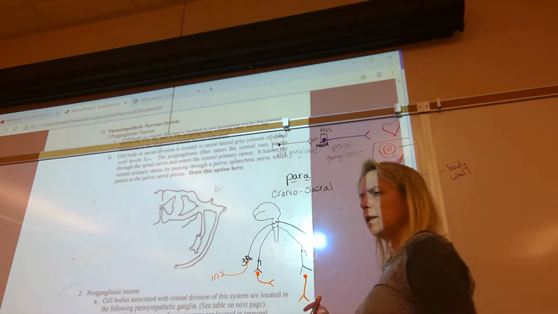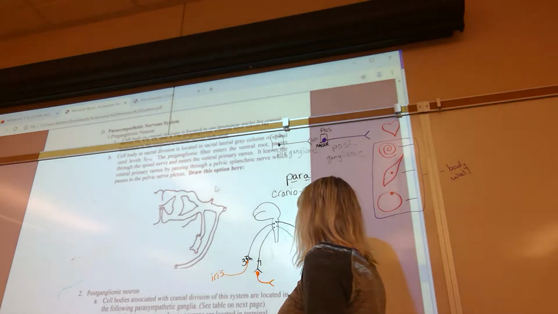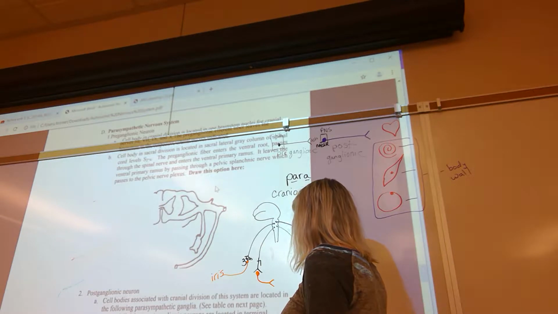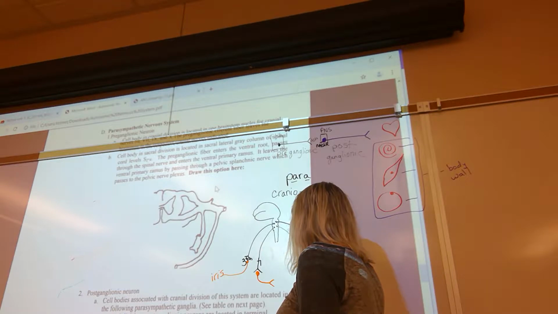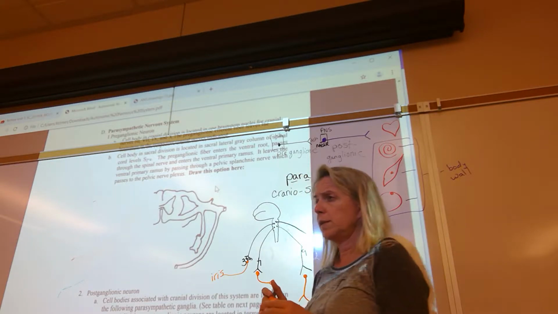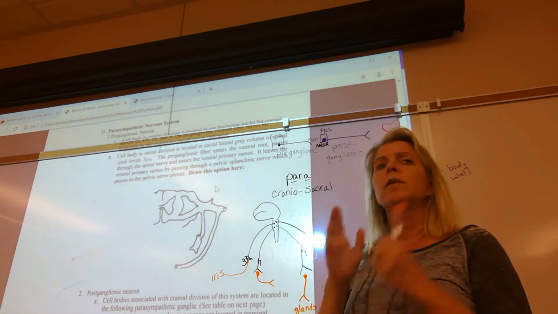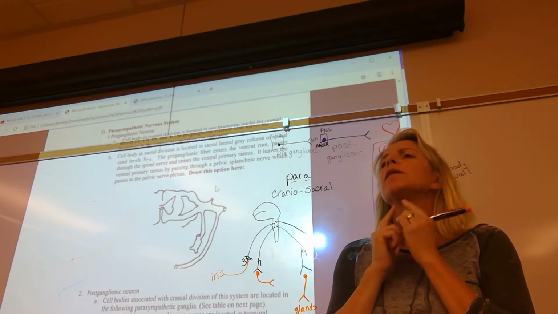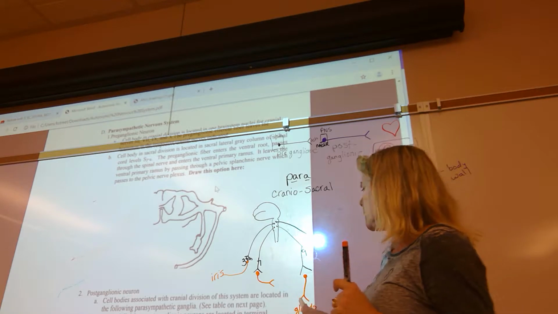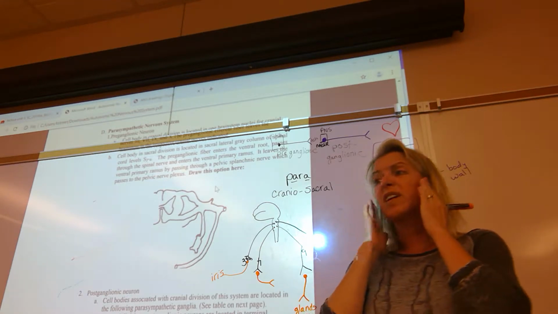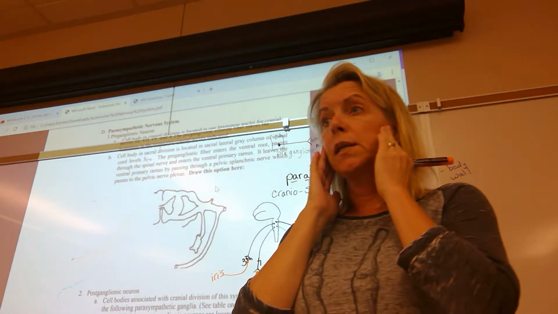And that postganglionic neuron is going to go to also glands to produce saliva. You have more than one salivary gland. You've got parotid, you've got sublingual, and submandibular. Cranial nerve 9 is going to go to the biggie, the parotid gland.